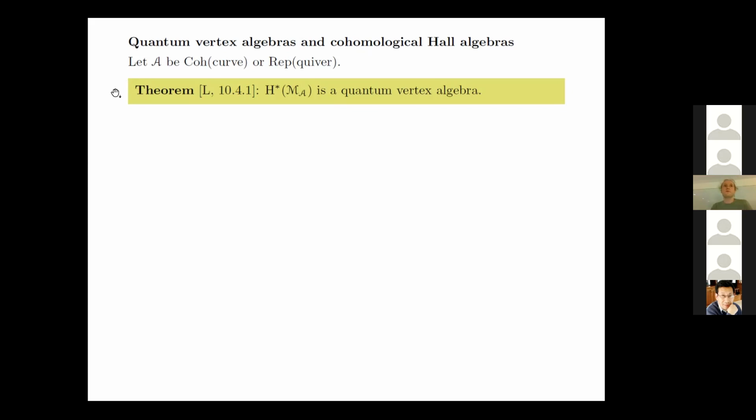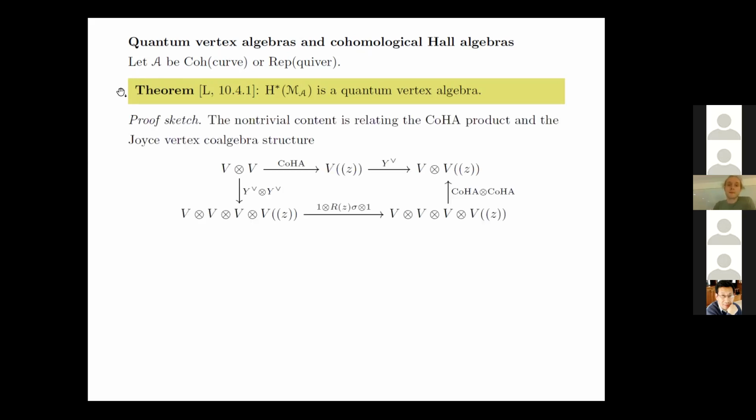Most open questions about quantum vertex algebras, like graded vertex algebras and so on, are not well understood, and there are many competing definitions. So this might be viewed as partial evidence that this definition might be the correct one, or at least in certain contexts.